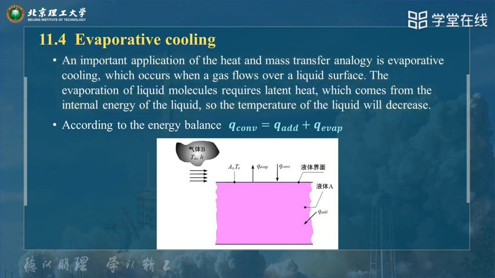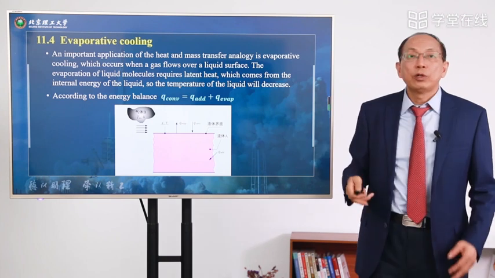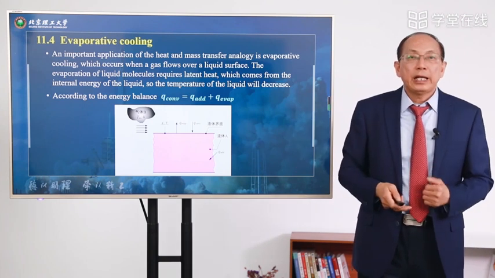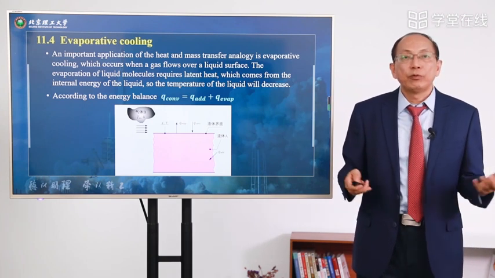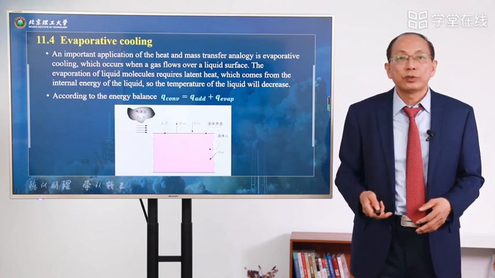For example, in this picture, according to the energy balance, the convection heat transfer equals evaporation plus some heat transfer into the liquid. If the radiation is 0, we obtain this equation.